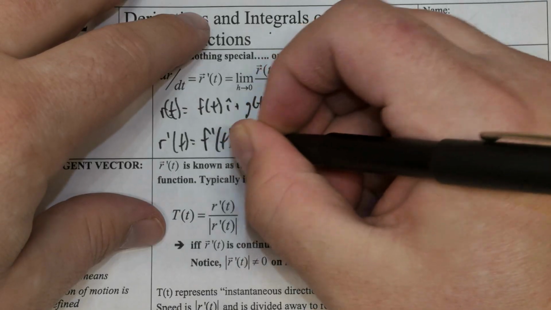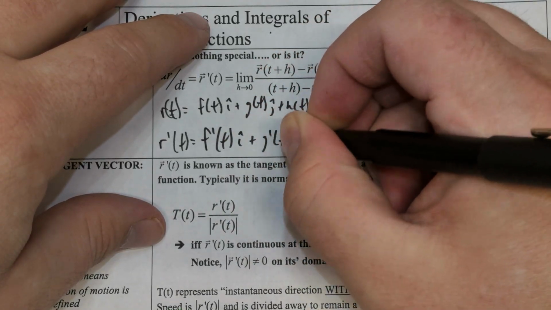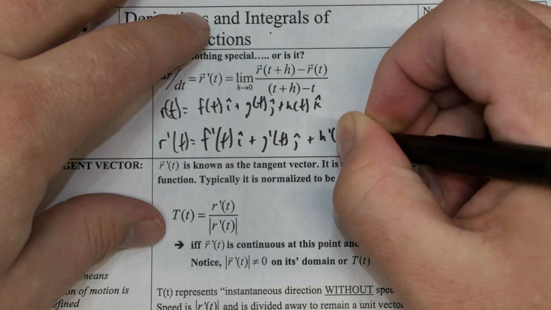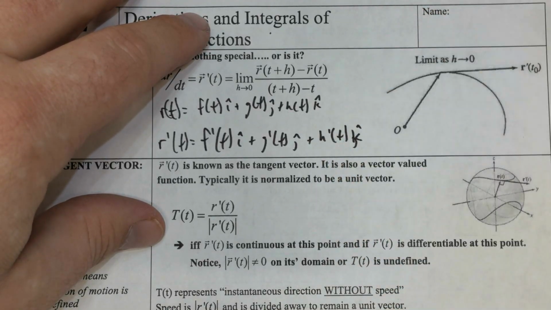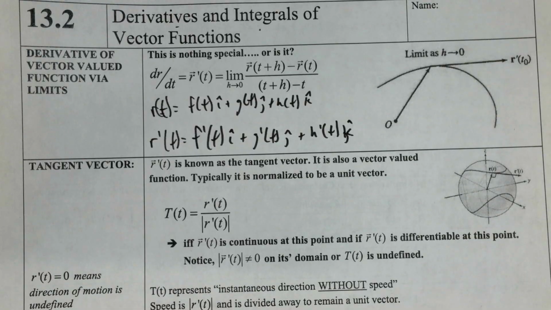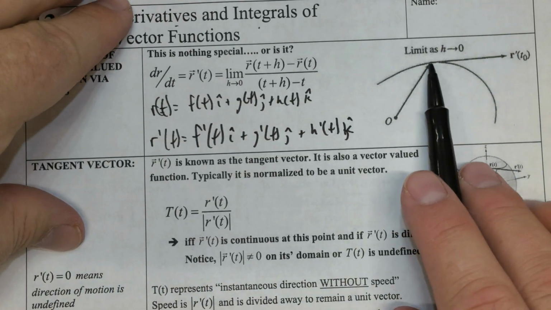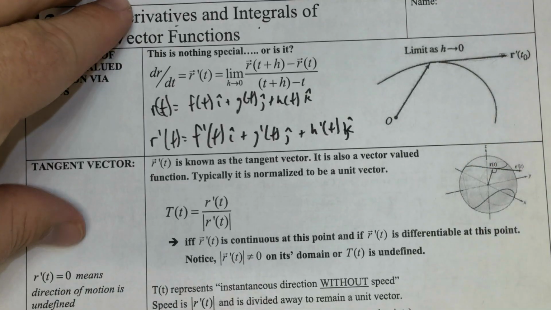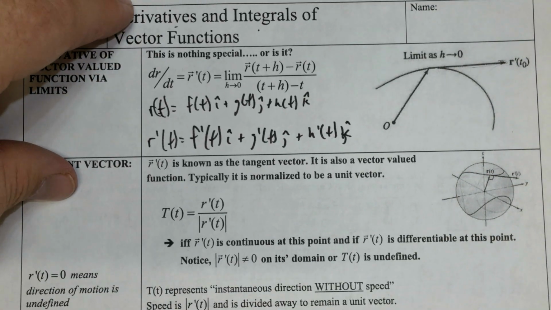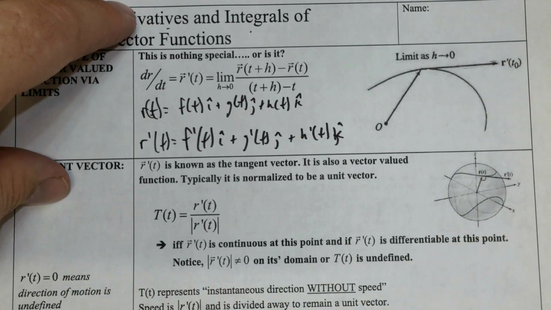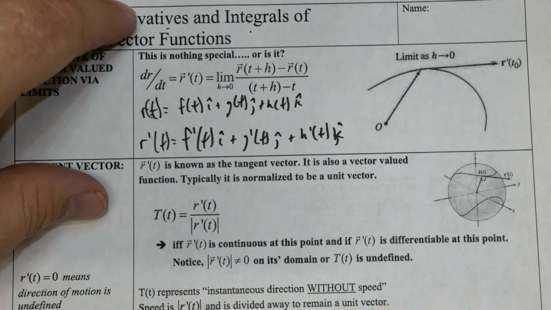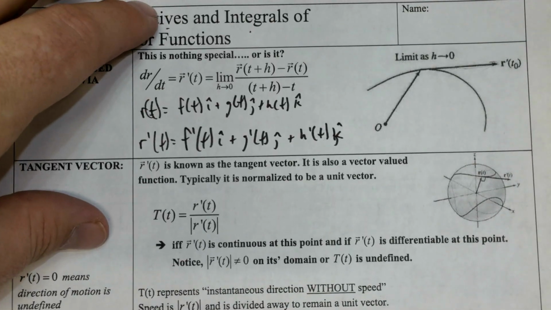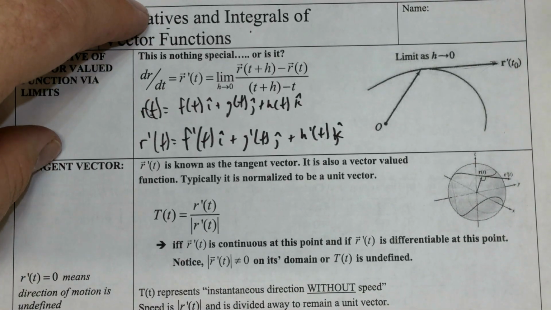So this would just be f prime in the i direction, g prime in the j direction, h prime in the k direction. But even more important than that, this derivative has significant meaning in terms of motion, velocity, acceleration, direction is the biggest thing we can remind you of.